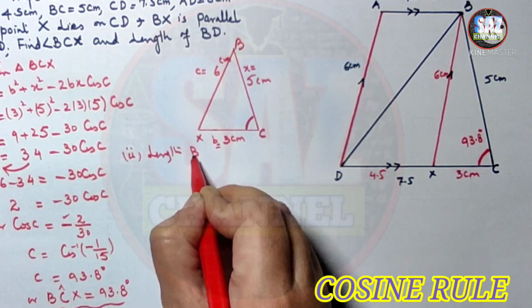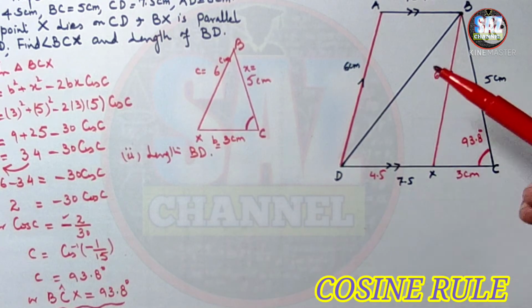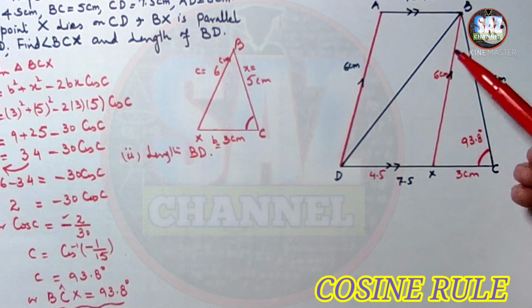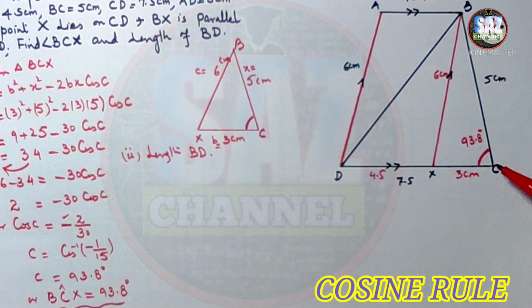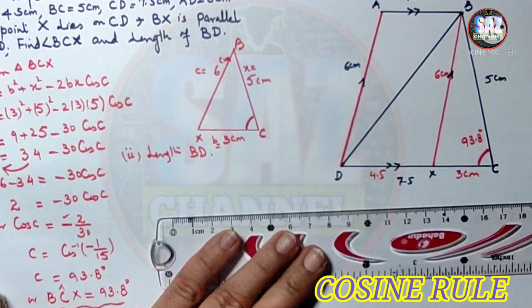Length BD. Now think how we are going to find the length BD. If we are for some time forgetting about this line, we have a triangle BCD with us. Let me draw the figure here. BCD triangle.